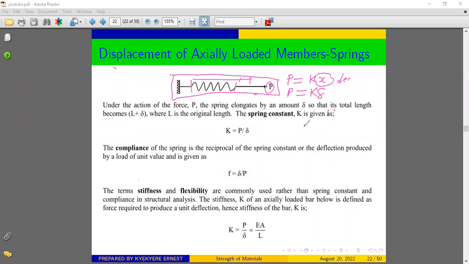And from here, K is equal to P over delta, and this is what we refer to as the spring constant. Then we have what we call the compliance of the spring, which is just the reciprocal of the spring constant.